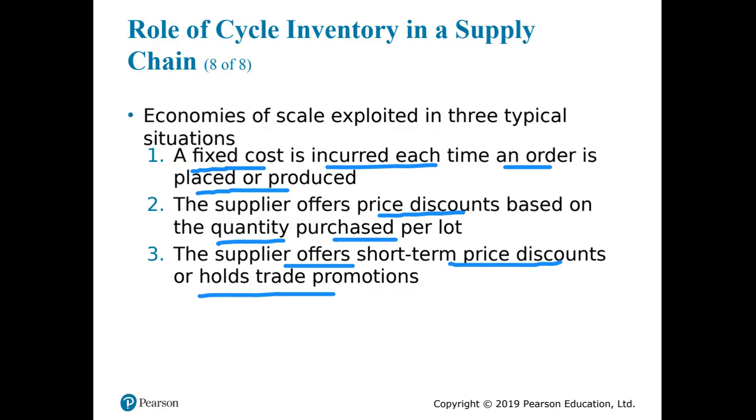Again, refreshing: economies of scale occur when the cost per unit decreases as the quantity produced or ordered increases. This happens because large volumes allow a company to spread its fixed cost over more units. So if we increase the batch size, the cost per unit will decrease.